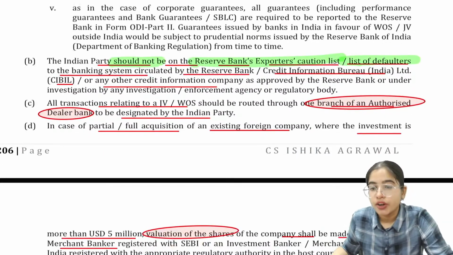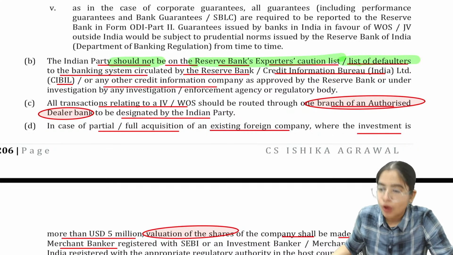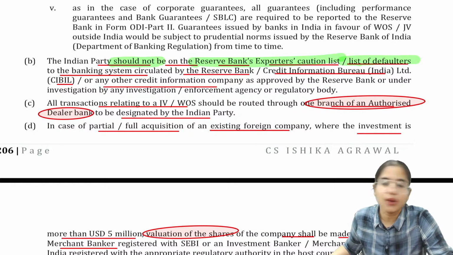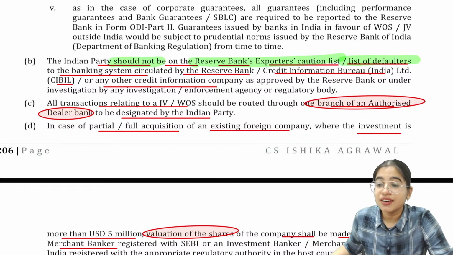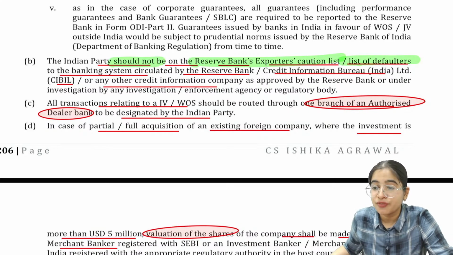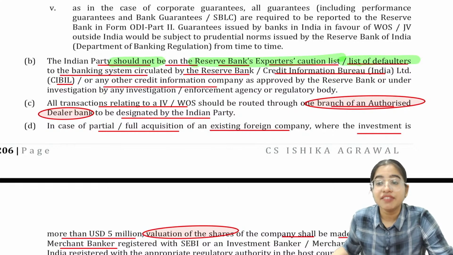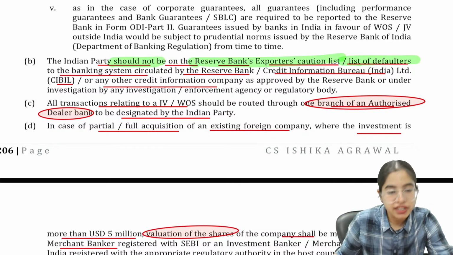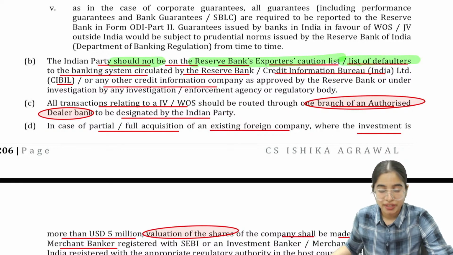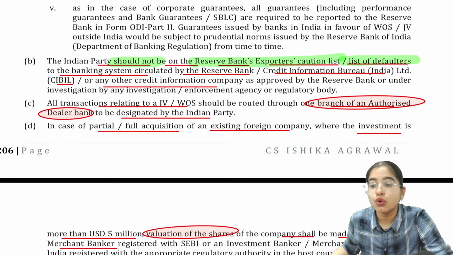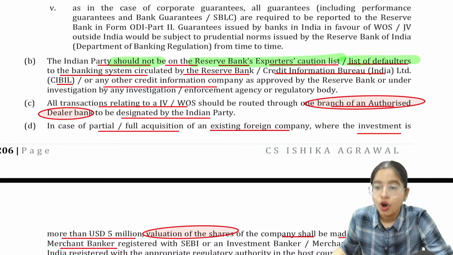Next is, you cannot transfer the US dollars or any other currency from your own bank account. Basically, a normal citizen is not authorized to hold the US dollar, or not only US dollar but any other country's foreign currency. So what we have to do, in case we are doing transaction abroad, we are making investment abroad, that money which we are remitting has to be remitted through the account of an AD category 1 bank, authorized dealer.